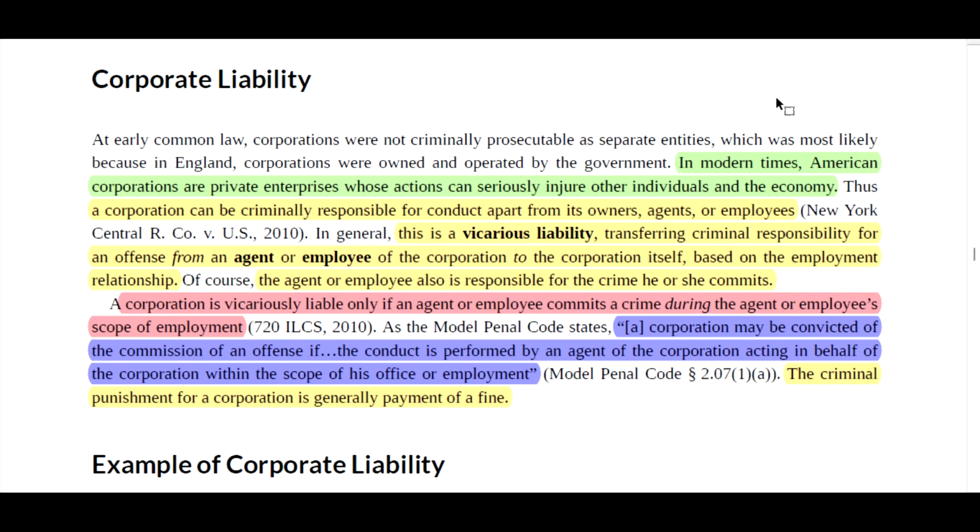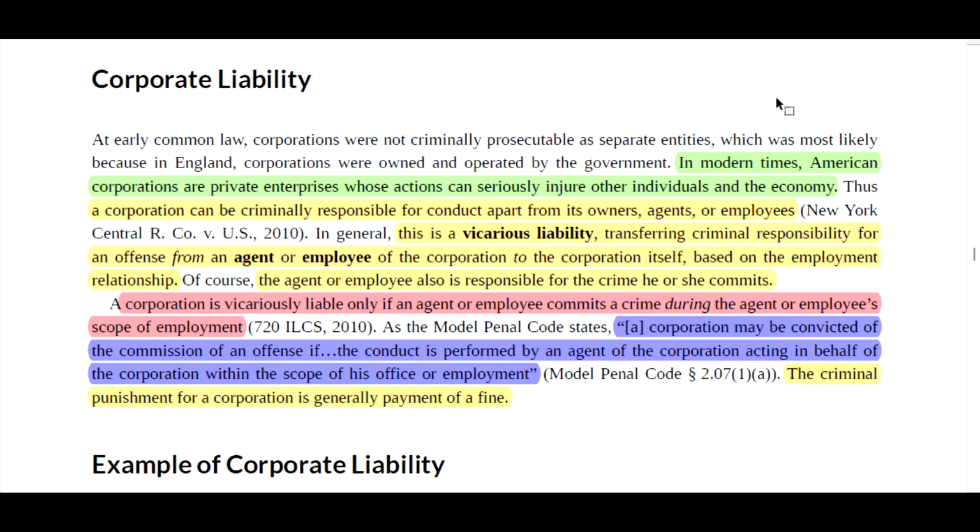No, it was either owned by the government or owned by land. In modern times, American corporations are private enterprises, so they're not government, whose actions can seriously injure other individuals and the economy. Because of that, a corporation can be criminally responsible for conduct apart from its owners, agents, or employees. Again, in general, this is vicarious liability. This is just a particular subset focused on corporate.